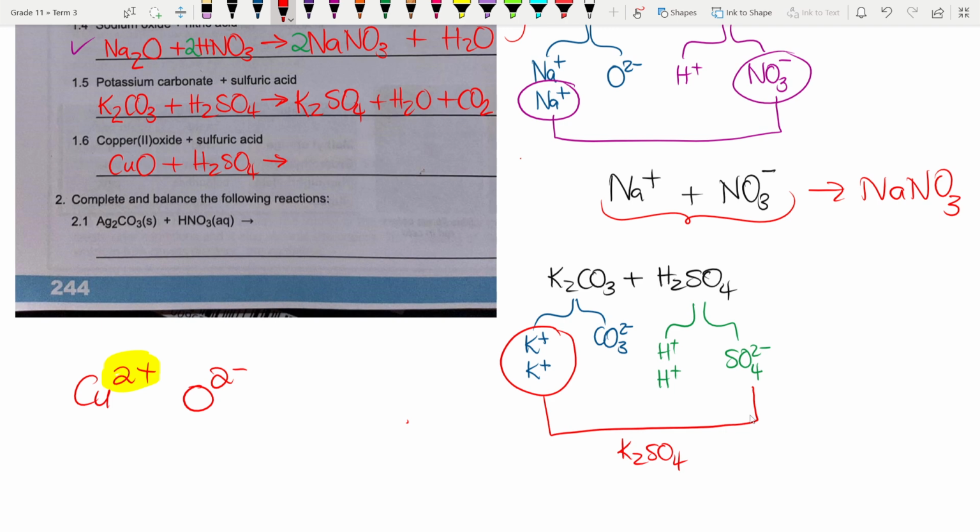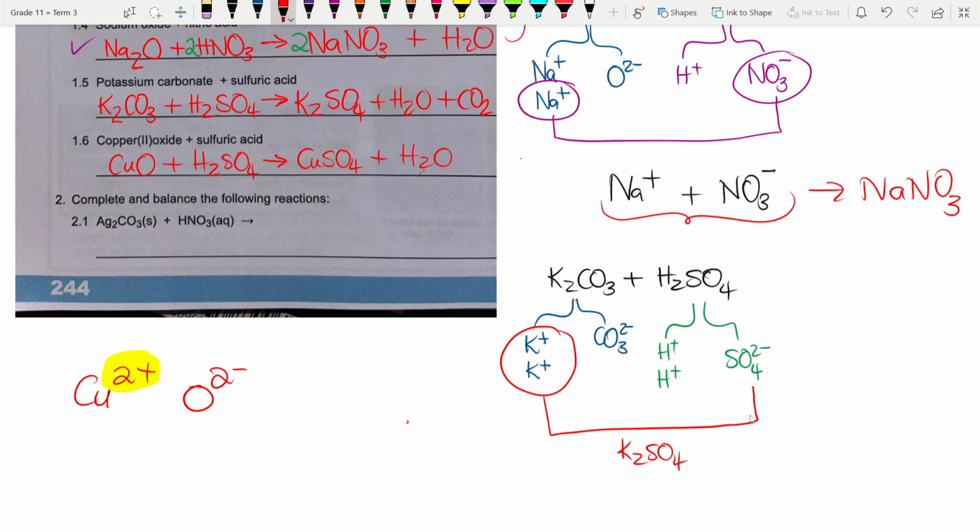So the thing to figure out is basically the salt, but you find that by swapping the ions. CuSO4, yes, plus H2O. Correct. So that's already also balanced, so straightforward.